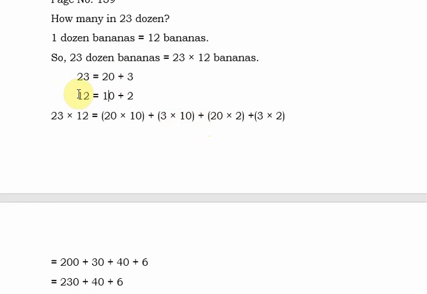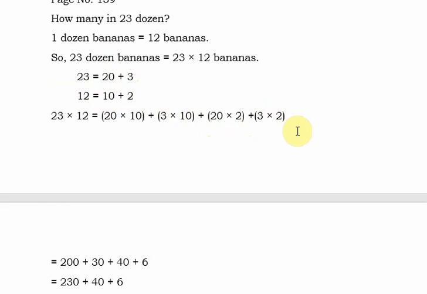As this second number is a 2-digit number, there will be one more number here. So now the calculation with 10 is over. Now moving on to the second number. Again we have to multiply this 20 with 2 and 3 with 2. Again write plus 20 into 2 plus this 3 into 2. Okay.